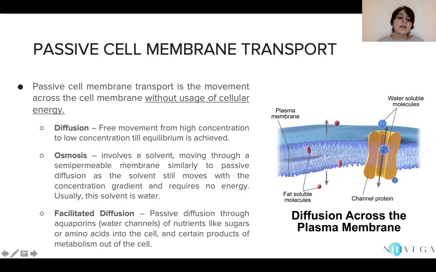Okay, then comes facilitated diffusion. Facilitated, as the word explains, is helping with the diffusion of something. So it is passive diffusion through something known as aquaporins. Aquaporins are water channels.